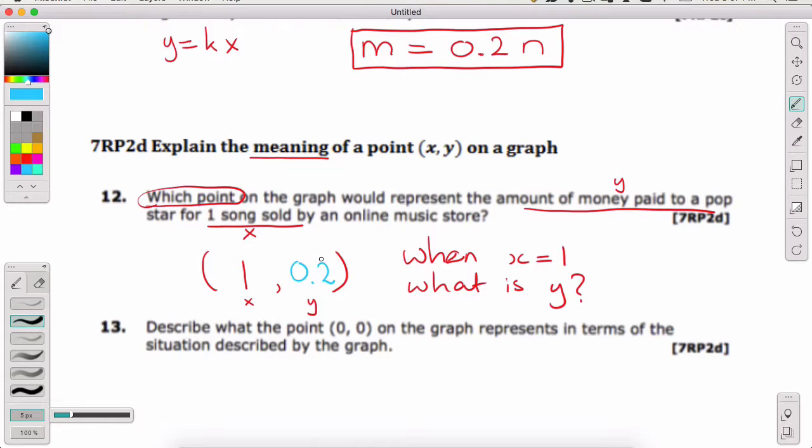In other words, when the online music store sells one song, the pop star gets 20 cents, 2/10 of a dollar, which is 20 cents, 20/100 of a dollar, which is 20 cents. So when one song is sold, the pop star gets 20 cents.